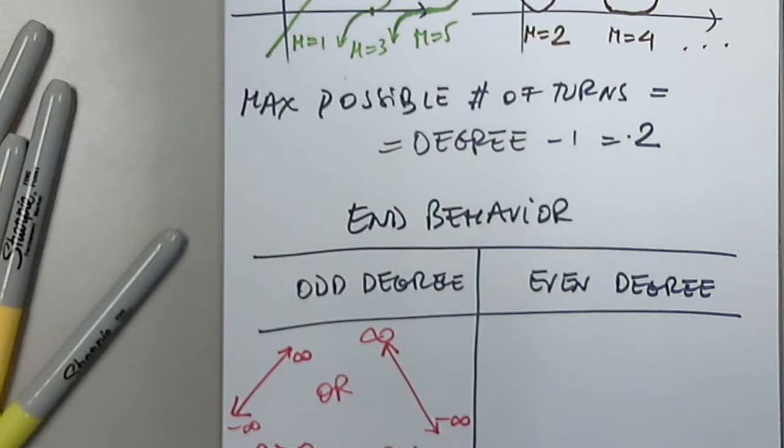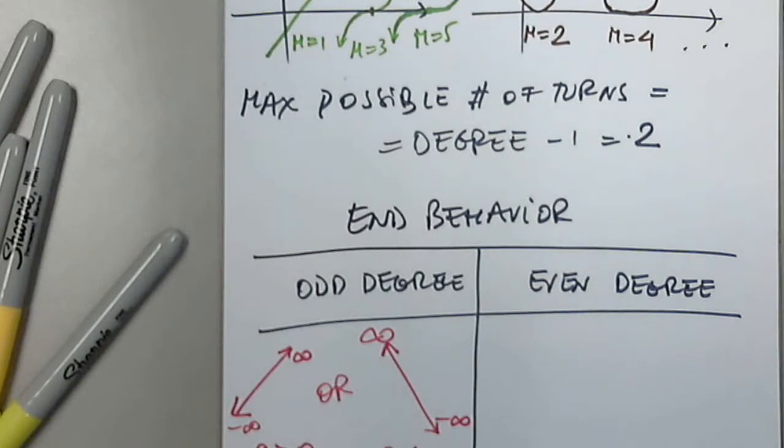What is the end behavior? It goes from positive infinity, down, and back up to positive infinity.